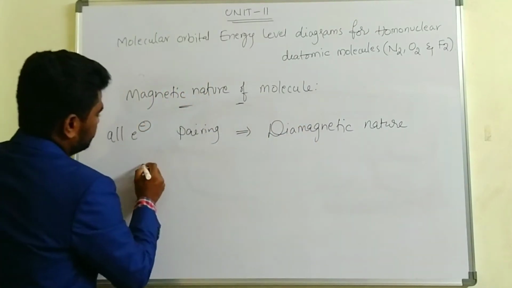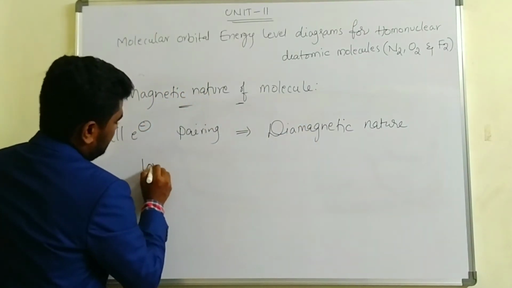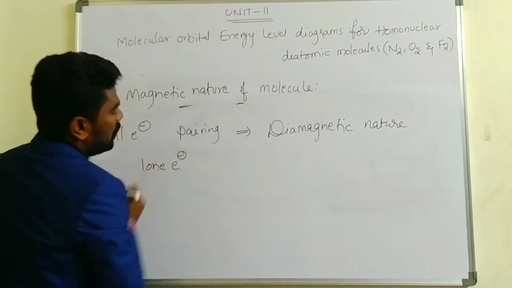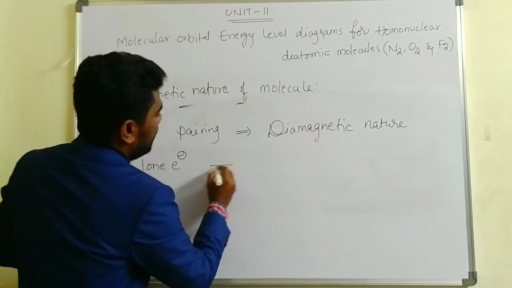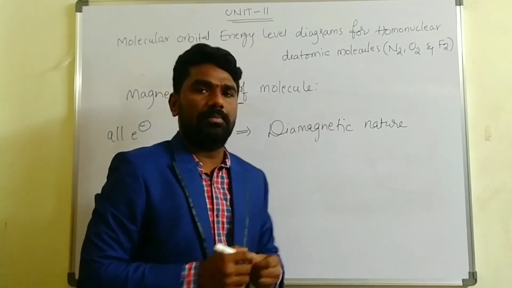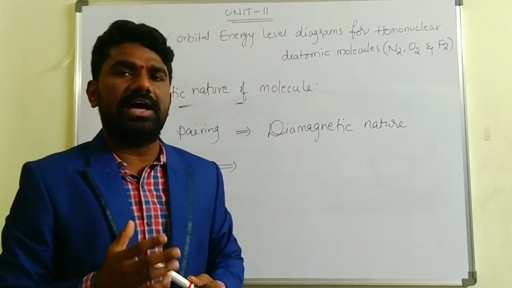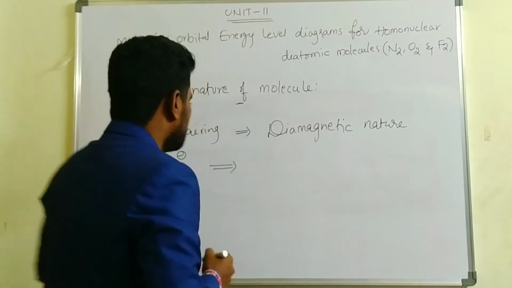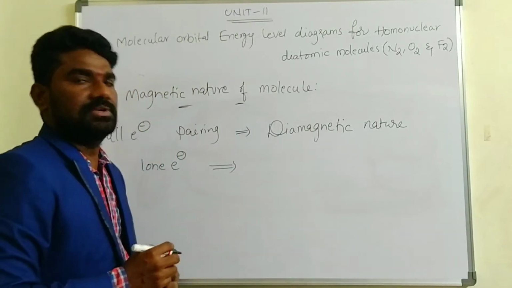If a lone electron is there in the molecule, whether in the bonding molecular orbital or in the anti-bonding molecular orbital, that type of molecule has paramagnetic nature.